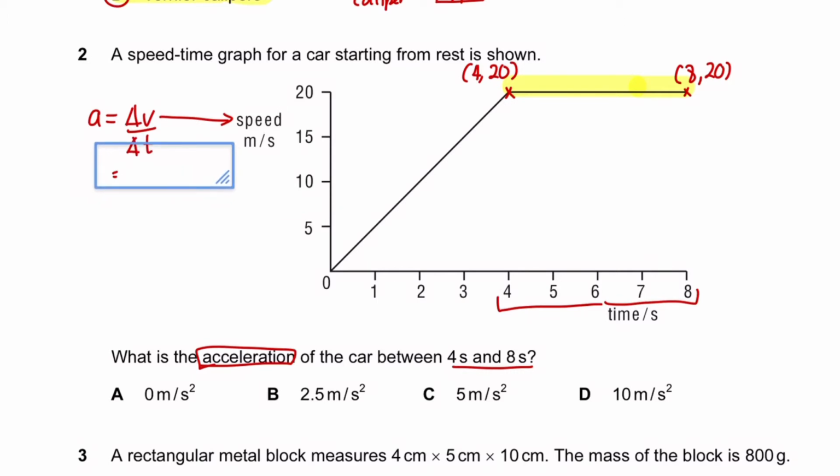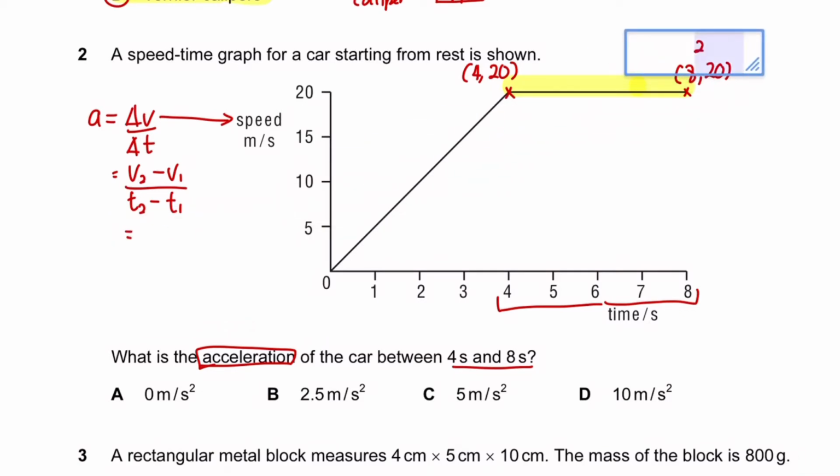With these two coordinates, or values, we shall now input into this formula: a is equal to change of v divided by change of t, which you can split up to v2 minus v1 divided by t2 minus t1. You can use any of these coordinates as 1 or 2, either way is fine, but I would like to use the larger number as the second one and the smaller number as the first one.